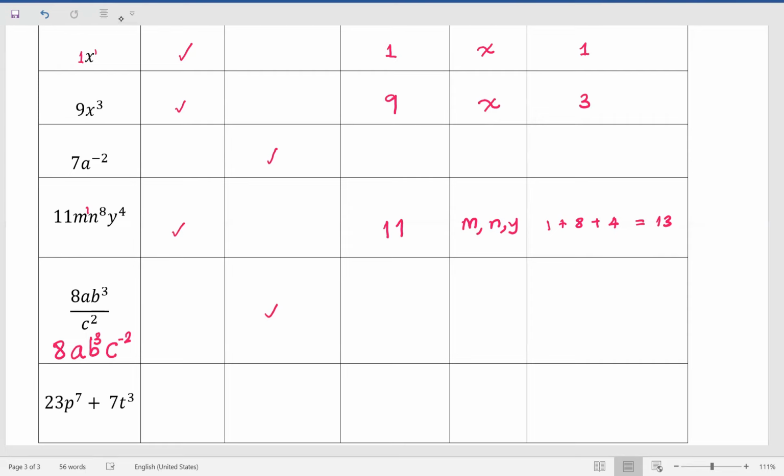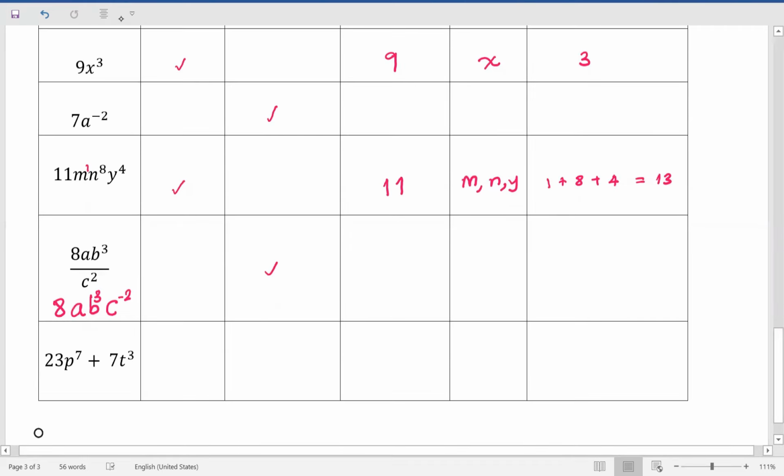So you see the power is negative, so that is not a monomial. Now, we have got 23p to the power of 7 plus 7t to the power of 3. Remember we said that no addition or subtraction sign is allowed. Since we have got addition here, this is not a monomial. Now, I believe that you have understood what we call a monomial.